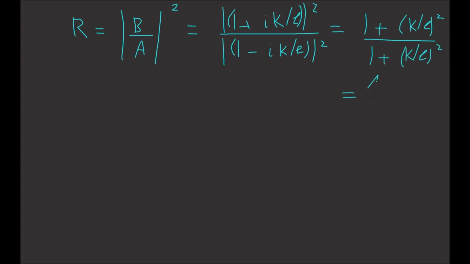It's equal to 1. Although the wave function goes into the barrier, eventually it gets all reflected. This is what it means when R is equal to 1.